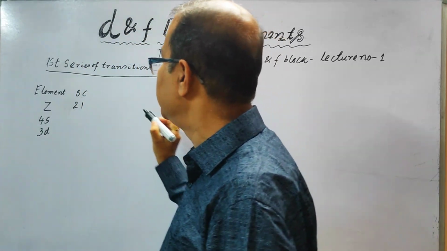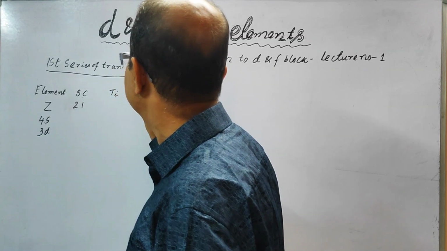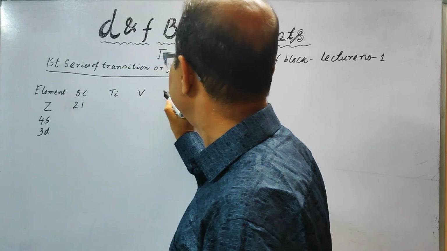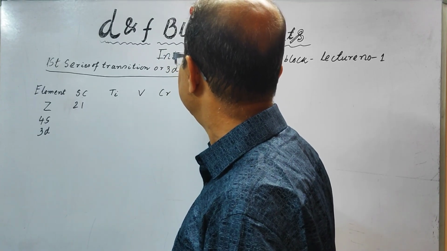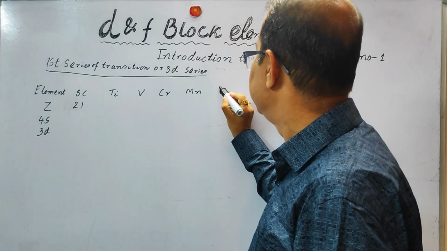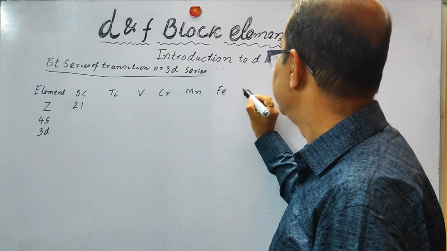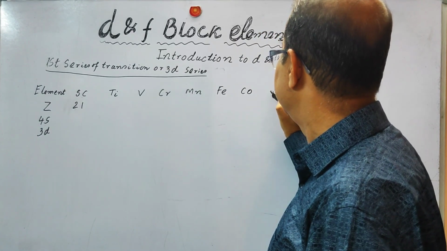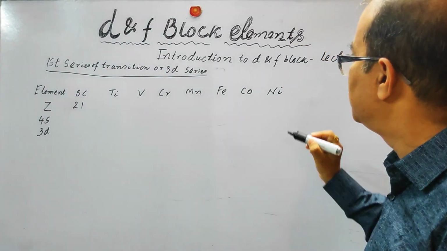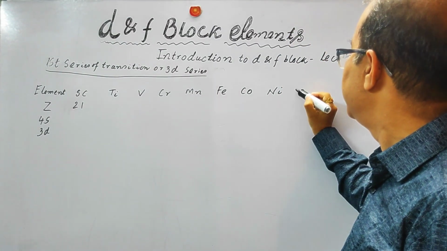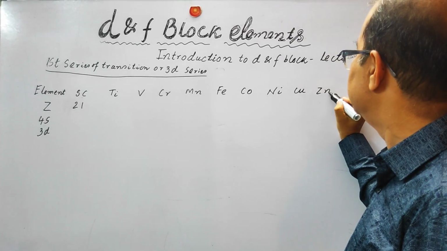First let us put all those elements: scandium, then titanium, then vanadium, then chromium, then manganese, then iron, then cobalt, nickel, and then copper and zinc.